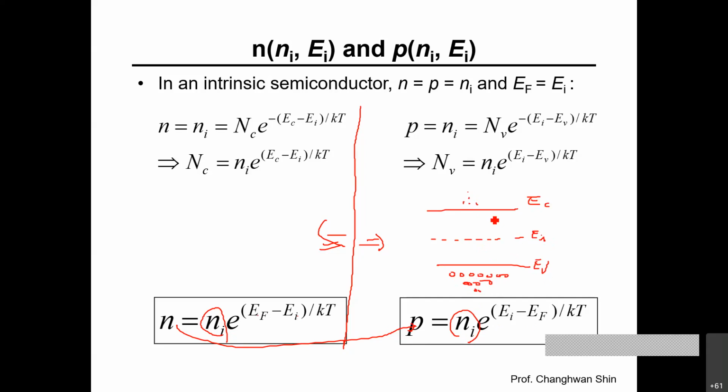So here, intuitively, you can guess the position of the Fermi energy level. What is the meaning of the Fermi energy level? We said it is the energy level at which the probability of finding an electron is 1/2. That kind of electron energy has been written as the Fermi energy level. Take a look at here.